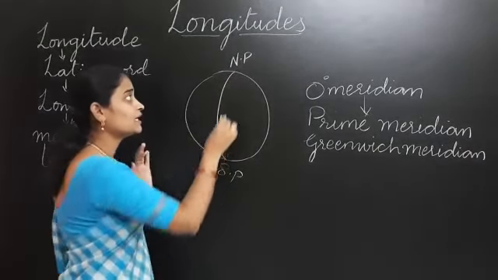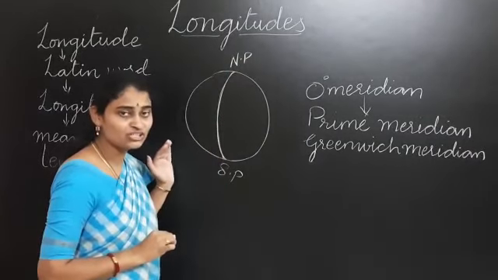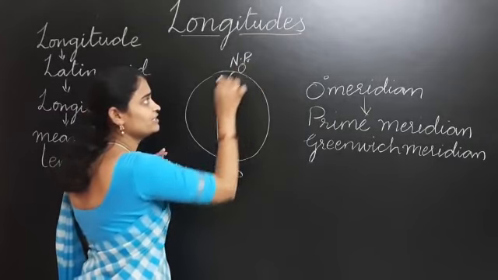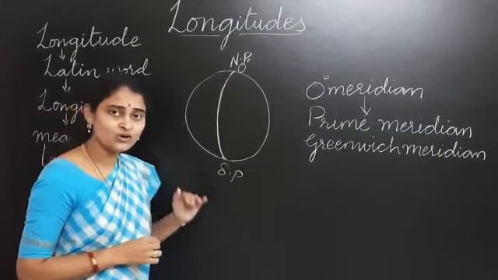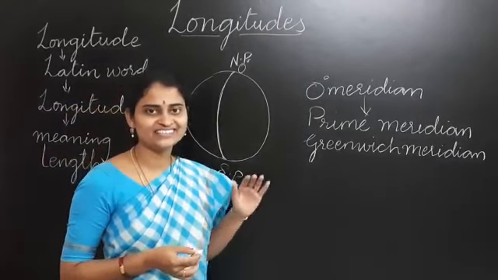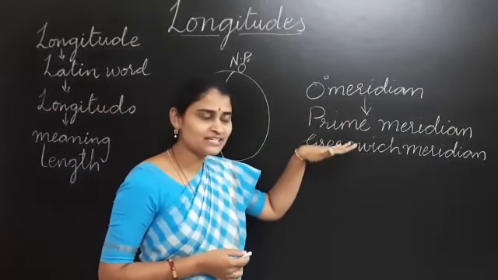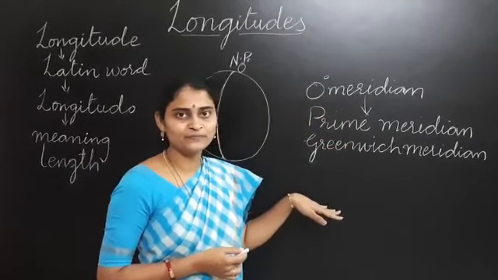Here, the longitude which passes through Greenwich in London is 0 degree longitude. Longitude is also known as meridian. The 0 degree meridian is also known as the prime meridian or Greenwich meridian.